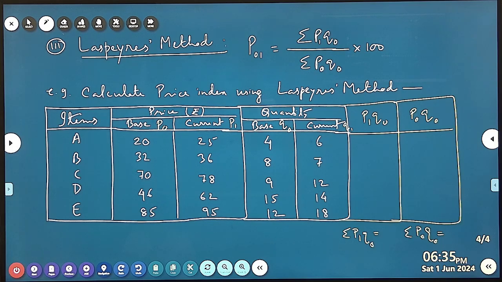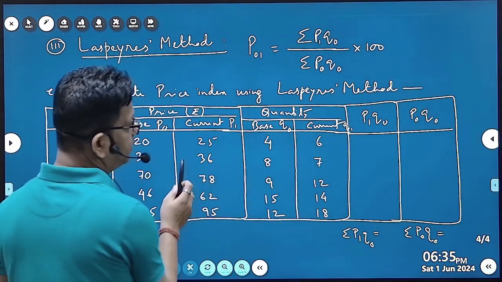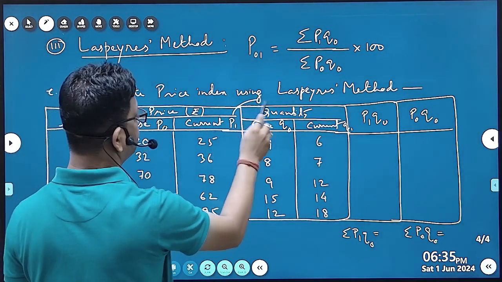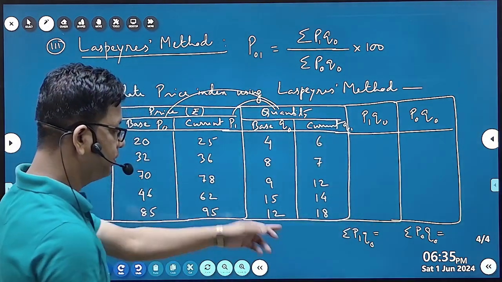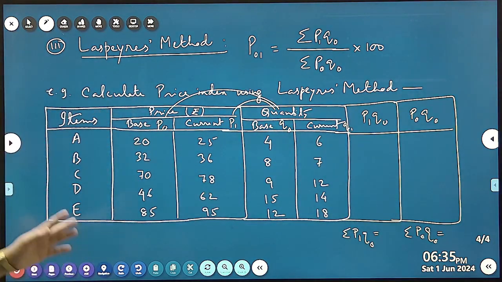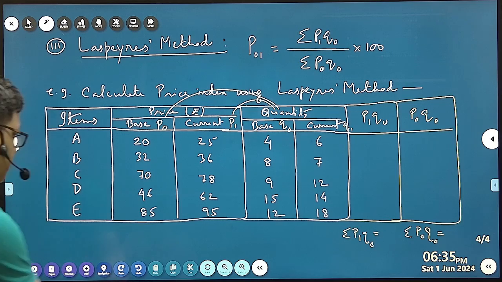Is it okay? Have you all understood? After getting this, P1 Q0 you have to multiply, P0 Q0 also you have to multiply, then get the total sum and put it here. That is the required answer.